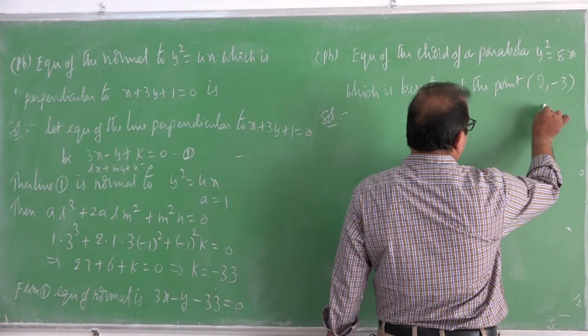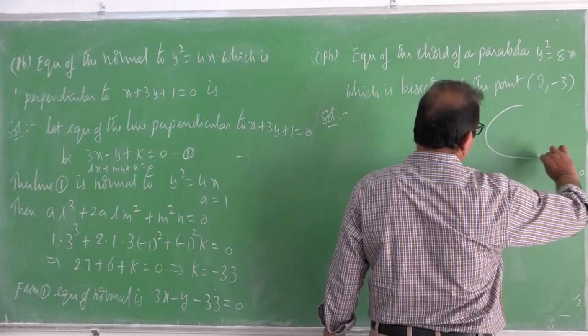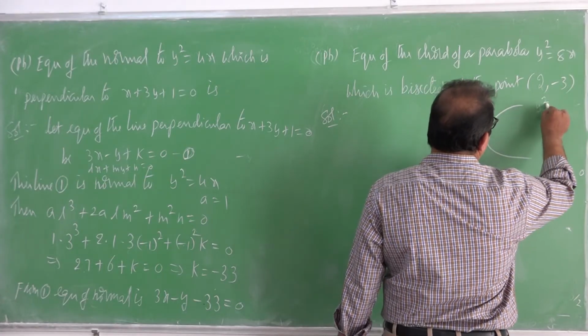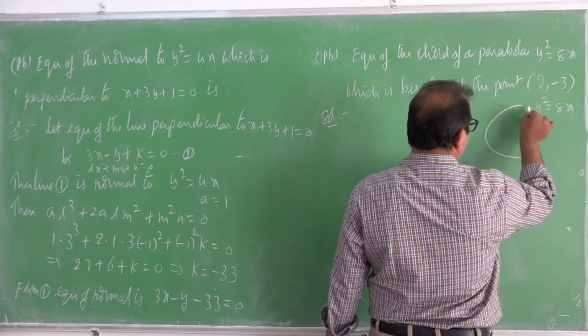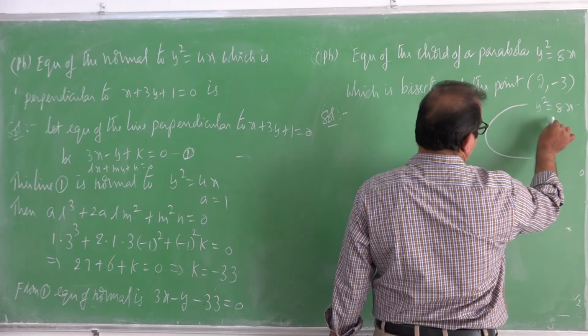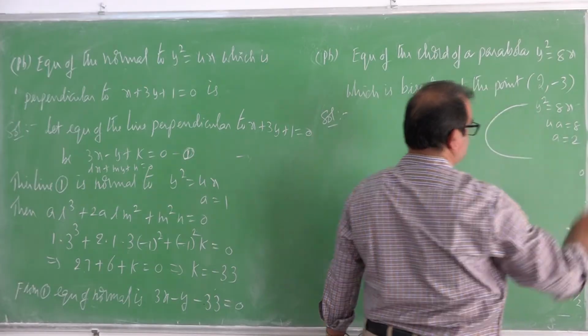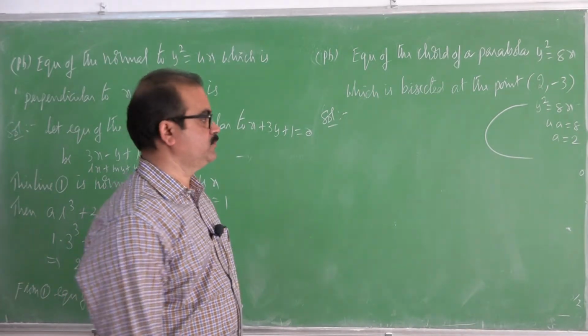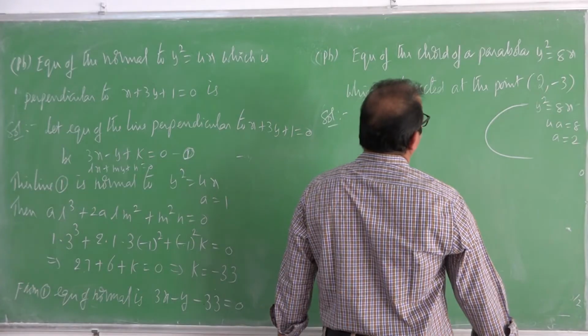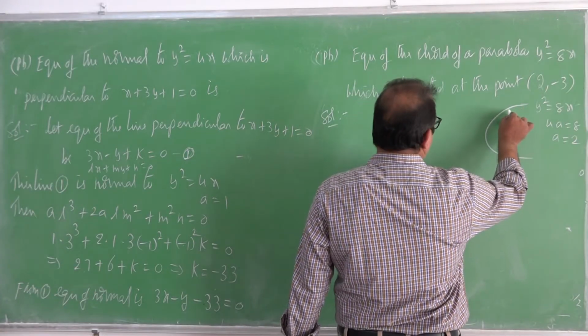What is the given parabola? y square is equal to 8x. It is in the form of y square is equal to 4ax. So 4a is equal to 8 and a is equal to 2. Chord of the parabola.